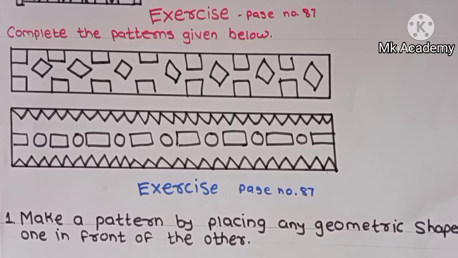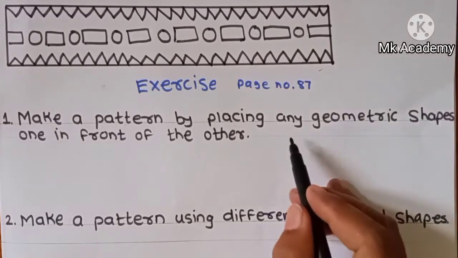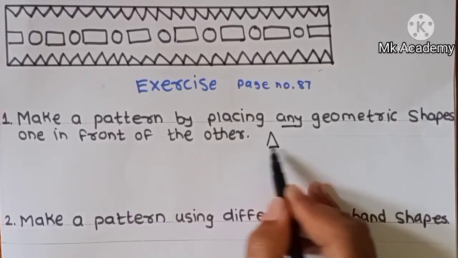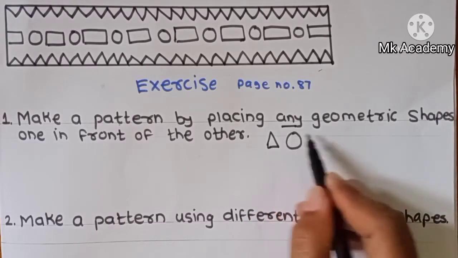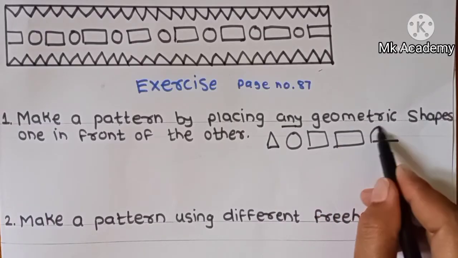First question. Make a pattern by placing any geometrical shapes one in front of the other. We have to make a pattern by using any geometrical shapes. Now we know the geometrical shapes: triangle, circle, square, rectangle, half circle.